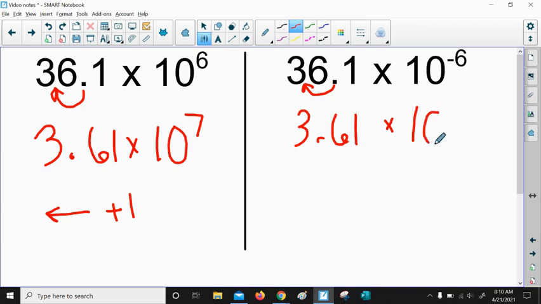And again, if you move it to the left, you have to add 1 to your exponent, remembering your integer operations. A negative plus a positive. It's still going to be a negative number, but I am moving one spot to the right on the number line. So instead of being -6, it is -5.